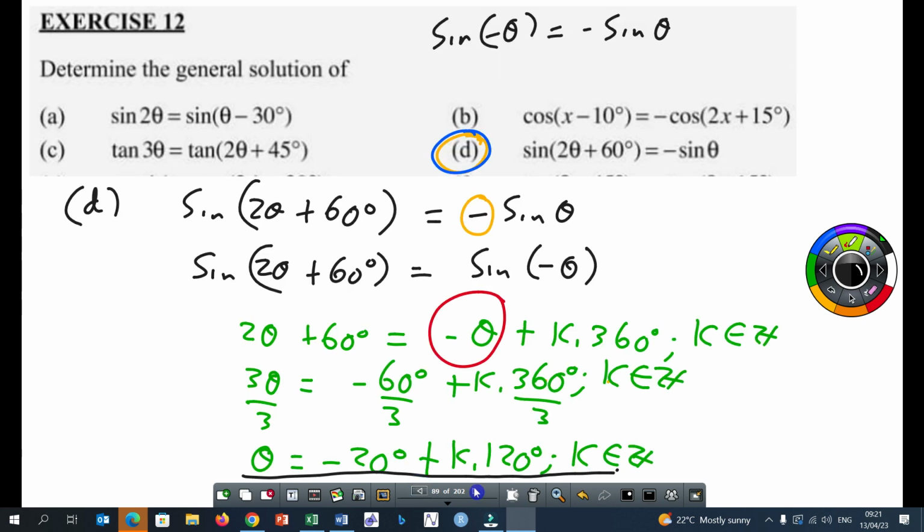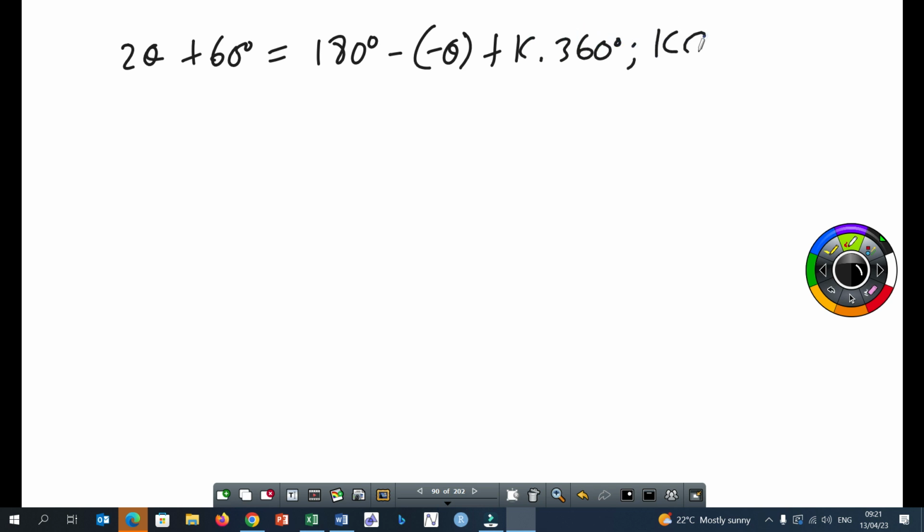we rewrite the left hand side, 2 theta plus 60. This will be equal to 180 degrees minus the reference angle, which is minus theta. Then you add k times 360, where k is an integer.